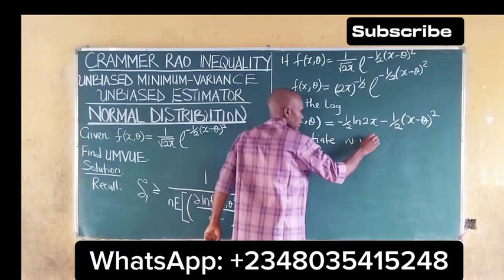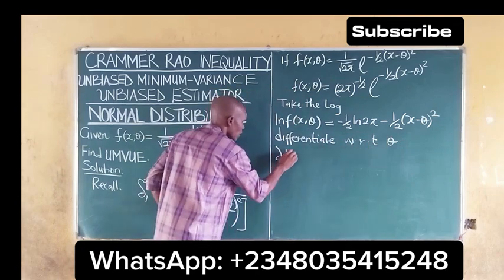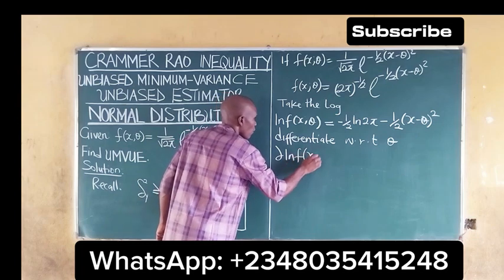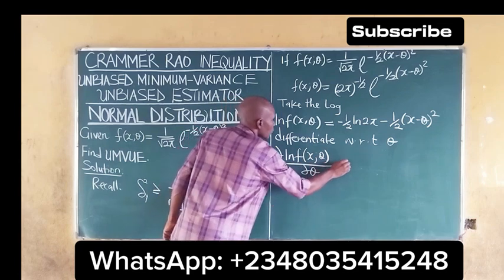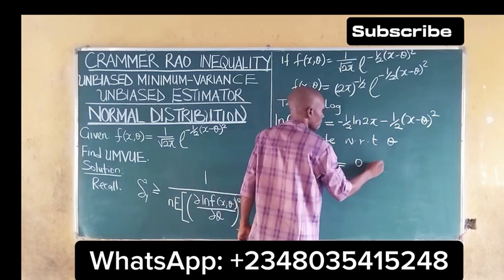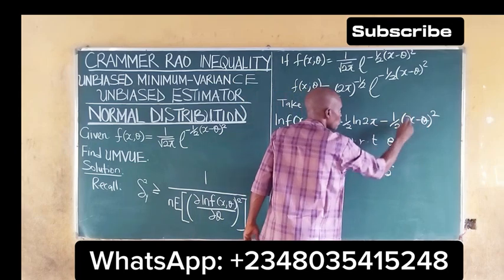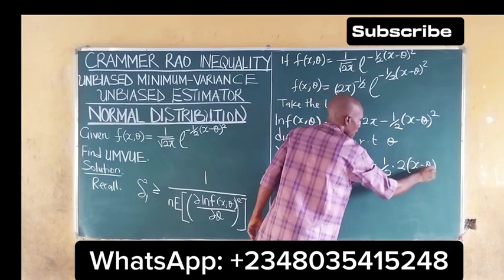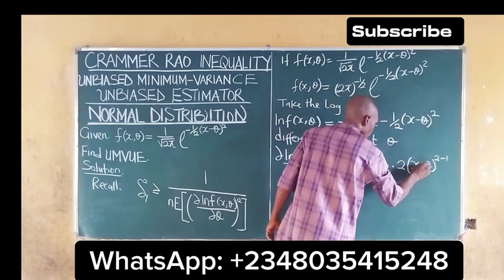If we differentiate with respect to theta, the differential of the log function with respect to theta will be equal to, if we differentiate this, we get 0 minus, if we differentiate this, we get 1 all over 2 multiplied by, these two will come over here to give us 2 into x minus theta raised to the power of 2 minus 1.